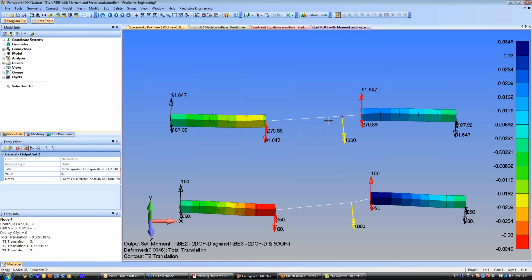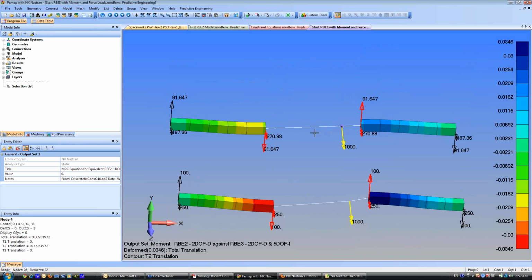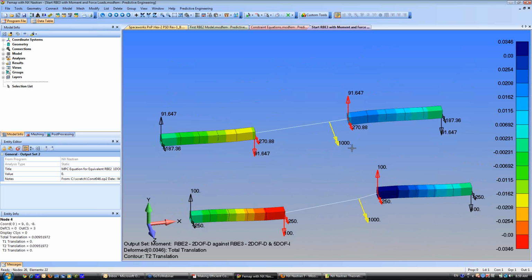So of course, it's got to keep this face flat to this face because we're constraining the RZ moment, and we're constraining the Z. So it's a perfectly rigid element that's moving it.